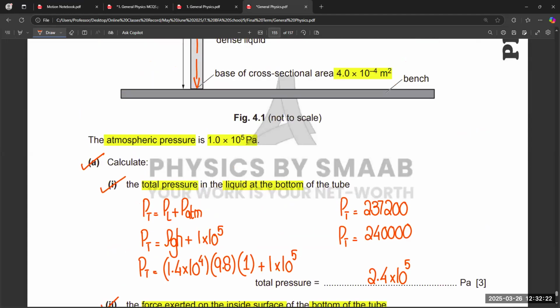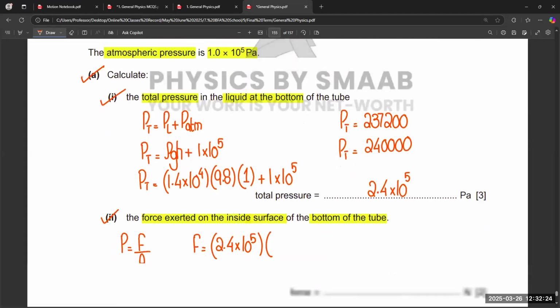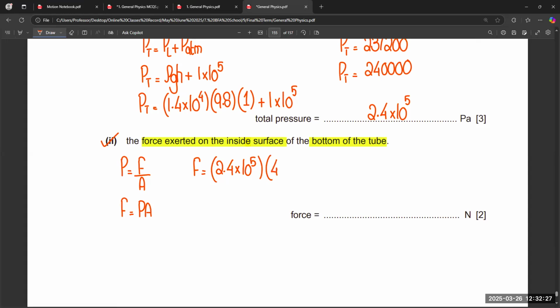The cross-sectional area is 4 times 10 to the power minus 4. After multiplication, we get 94.88.